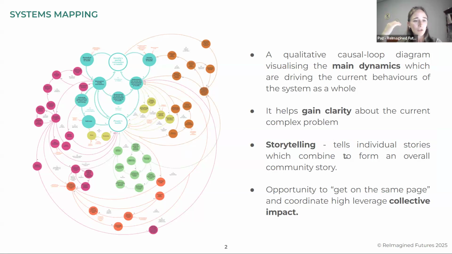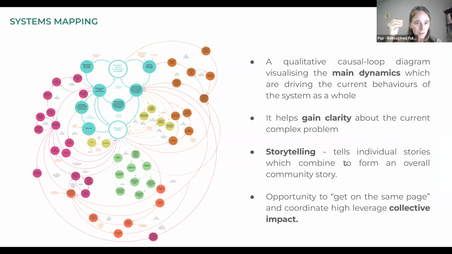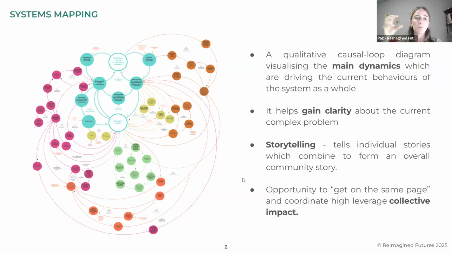And beyond just the analysis of the entrenched dynamics, this diagram also serves as a storytelling tool, a collaborative, cohesive storytelling, because each feedback loop brings an individual story of the system, which all combine to form the overall story of the system.